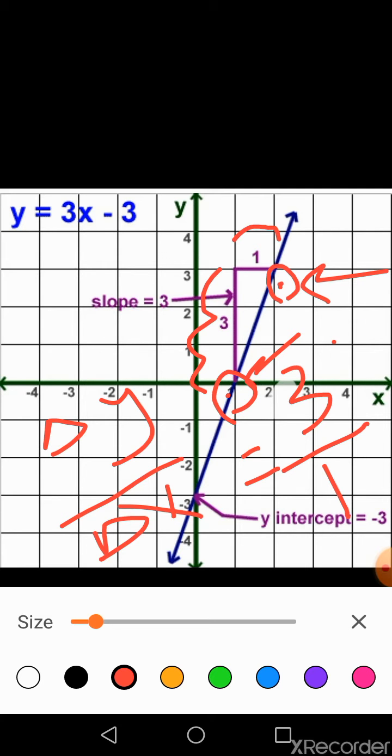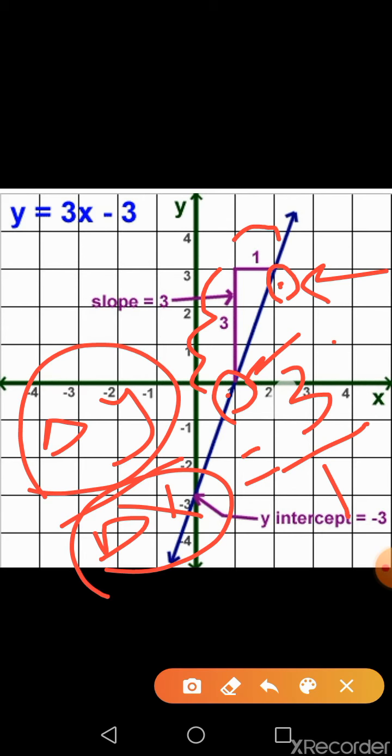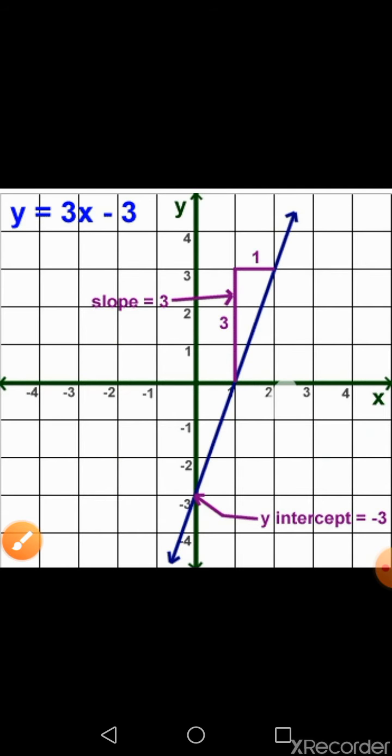The condition is they must be on the graph. Any 2 points, and make the right triangle, like the purple one, then count how many units in the y-axis to get the change in y, and how many units on the x-axis to get the change in x. You got it? So, like this, I can get the slope from the graph.